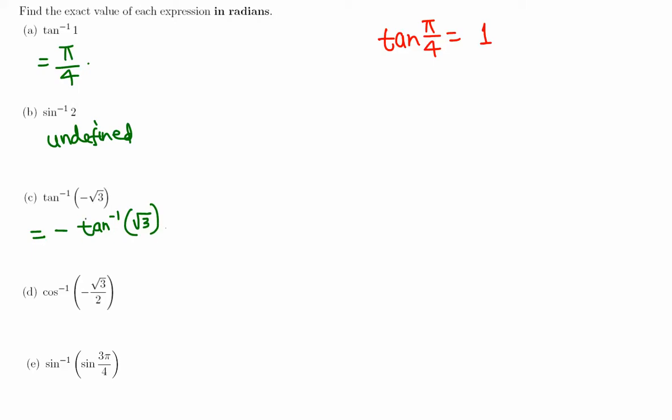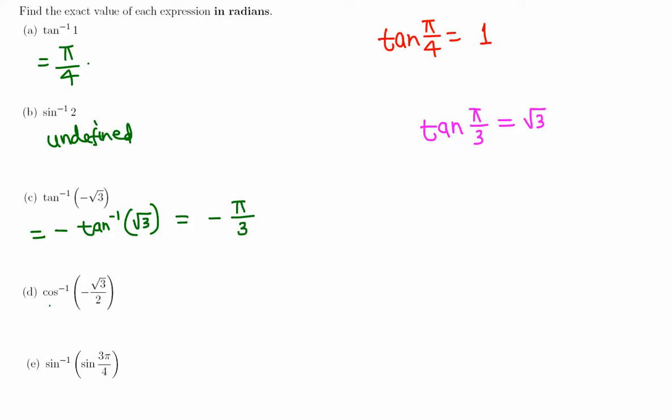Now we need an angle, positive means first quadrant, whose tangent is √3, and we know that tangent of pi over 3, that's 60 degrees, is √3. That means tangent inverse of √3 is pi over 3. So the final answer is negative pi over 3 radians.